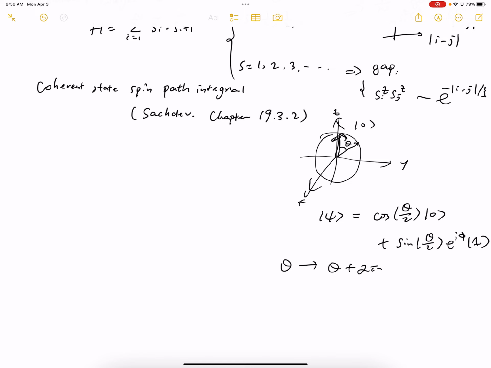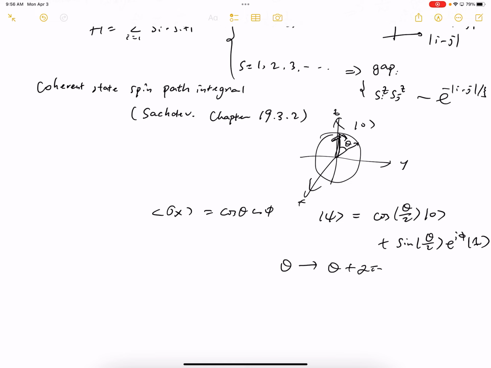For a long time, when I first learned the Bloch sphere and this representation, I was always wondering why you have a theta over 2 instead of just theta. And if you do every calculation, it shows you it has to be theta over 2, because if you calculate sigma x, sigma y, sigma z, theta over 2 makes sure this mapping is correct. For example, if I calculate sigma x using this, you're going to show that it's equal to sine theta cosine phi, the projection of the unit vector onto the x, y, z axes.